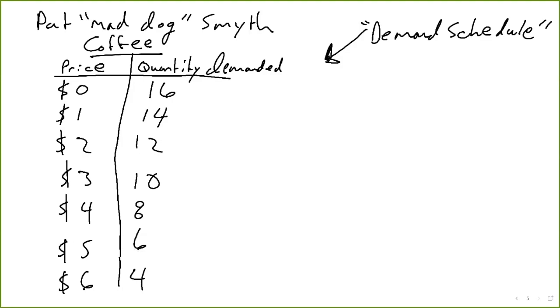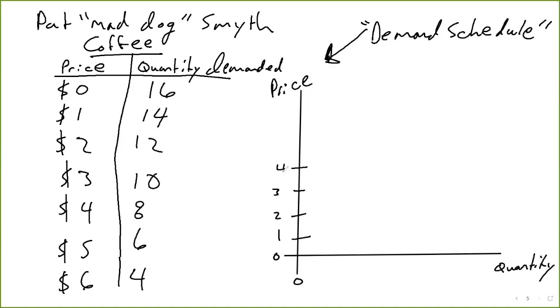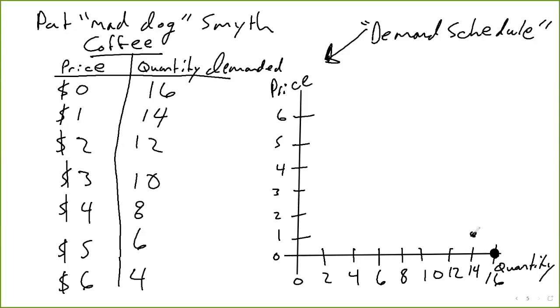So like most things in economics, we can put it on a graph. So we have price on the y-axis and quantity on the x-axis, and we can just plot these points. So at $0, Pat Mad Dog Smythe is going to purchase 16 coffees. At $1, they're going to purchase 14, $2, and 12.